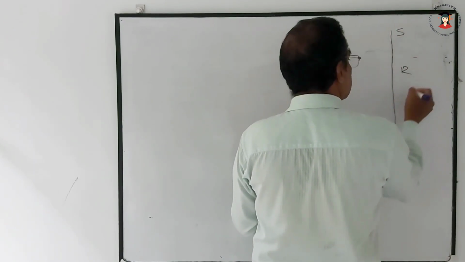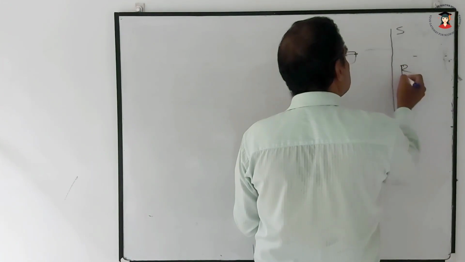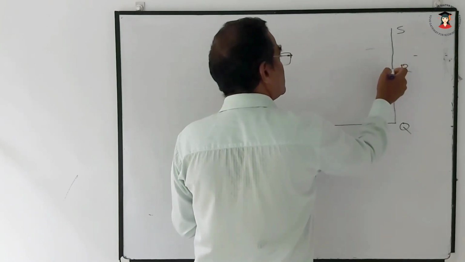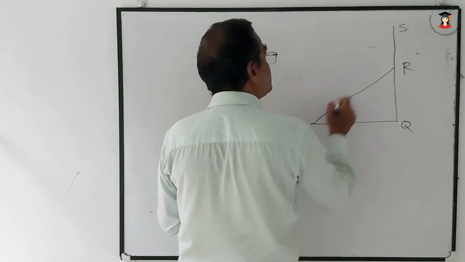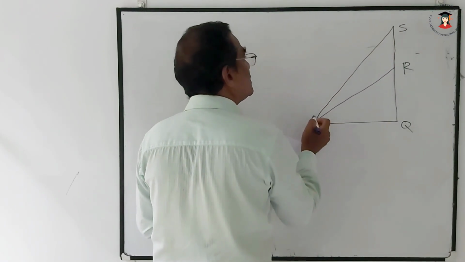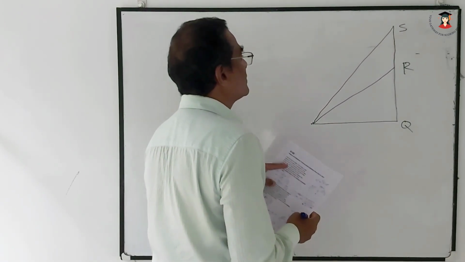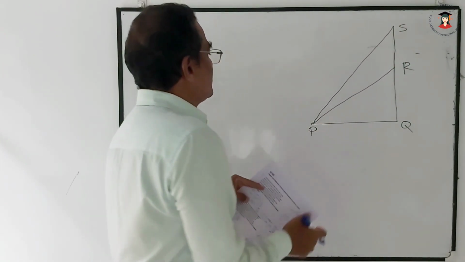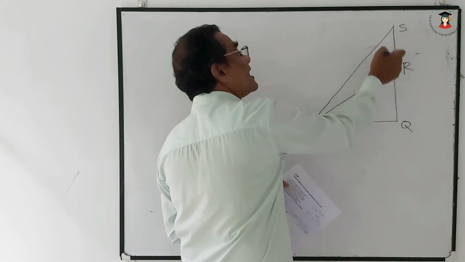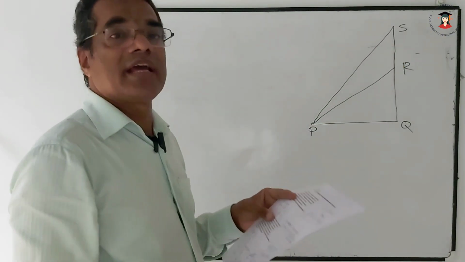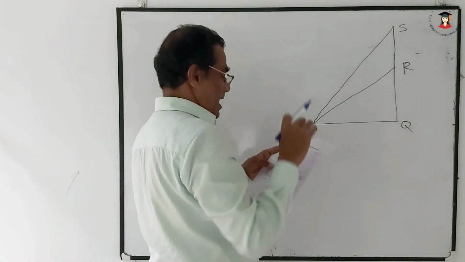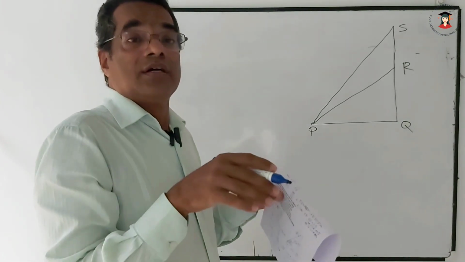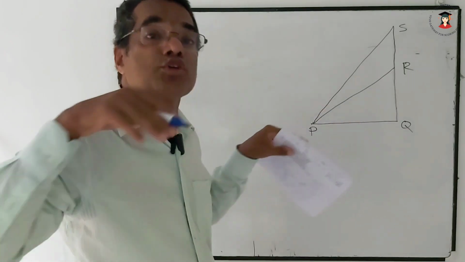S and R, Q. So this is the point P. The P is observed from S and R using a drone camera, and the angle of depression is given. So whenever there is an angle of depression, we should measure it from a horizontal.